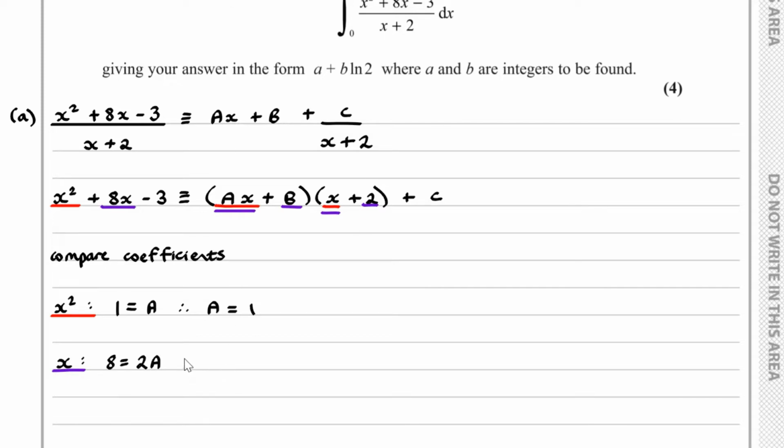So we have 8 equals 2a plus b. We know that a is equal to 1, so we have 8 equals 2 times 1, which is 2, plus the b. b is equal to 6.